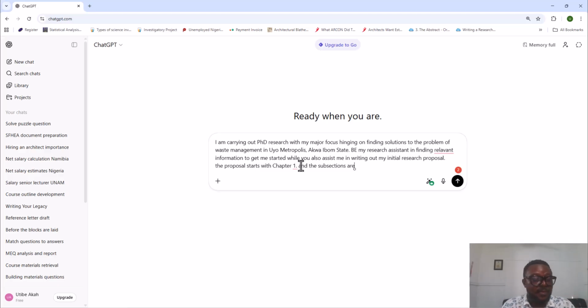For this case, I'm going to use a hypothetical subsection. It could be any subsection as your institution provides. So the subsection could be 1.1, which is background. This might seem like, what's he doing?